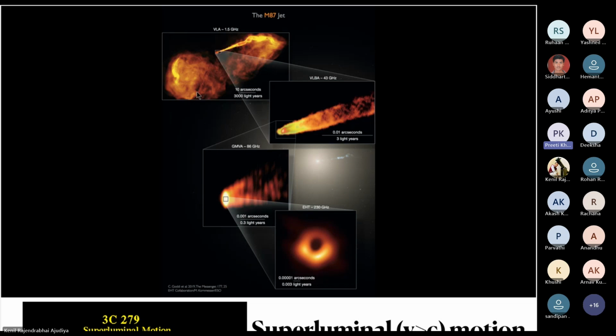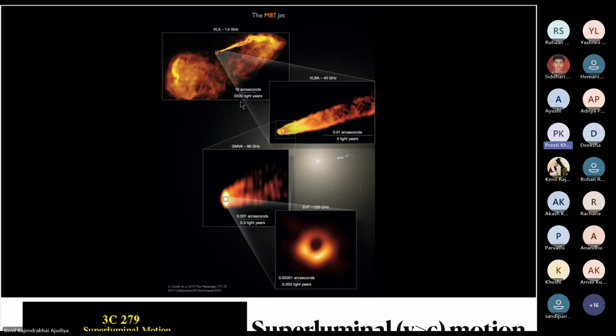And you can immediately see that this object seems to be an FR type 1 radio galaxy, where the jets are not very collimated, but keep getting broader and broader, and then produce plume-like radio emission. So this is like that.